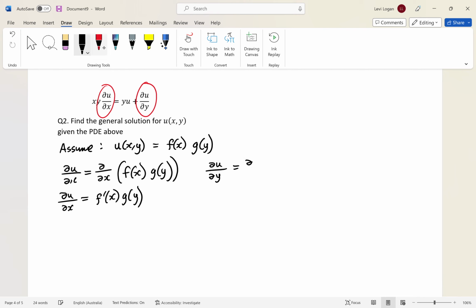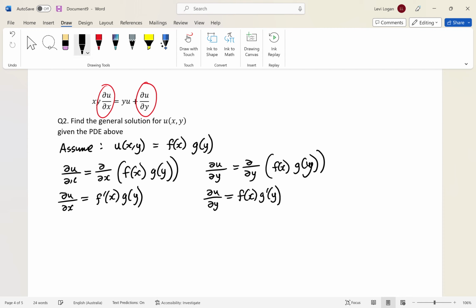So, the partial derivative of u with respect to y. Take the partial derivative with respect to y of this arbitrary expression here, f of x and g of y. We're left with the partial derivative of u with respect to y equal to f of x multiplied by g prime of y.